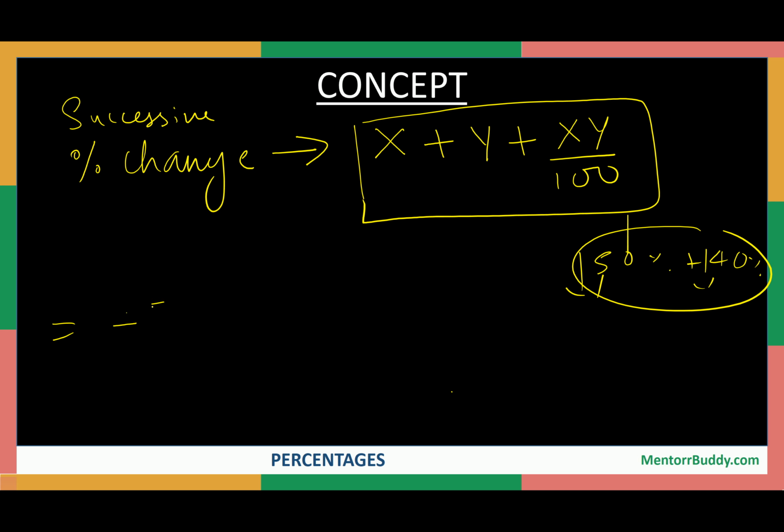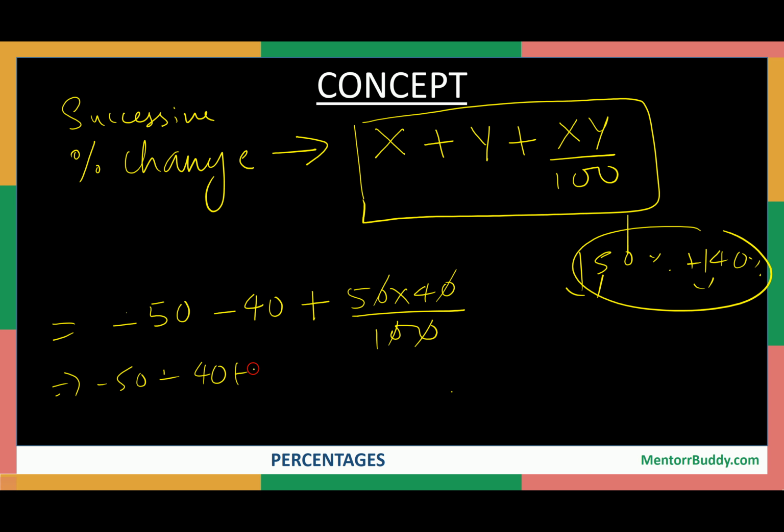Minus 50 will become x, minus 40 will become y, and minus 50 multiplied by minus 40 will become plus, because minus into minus becomes plus. 50 into 40 divided by 100, from 20 you can cancel out 20. So it becomes minus 50 minus 40 and plus 20, which is coming out to be minus 70. It means a 70% discount or 70% off or 70% reduced, right? So the final value is coming exactly what we have calculated.